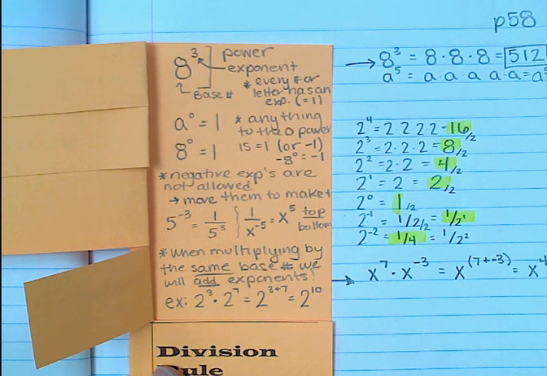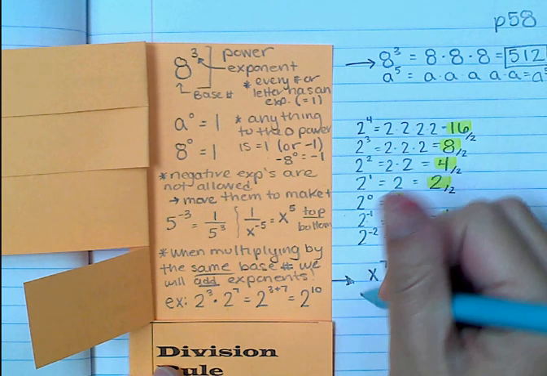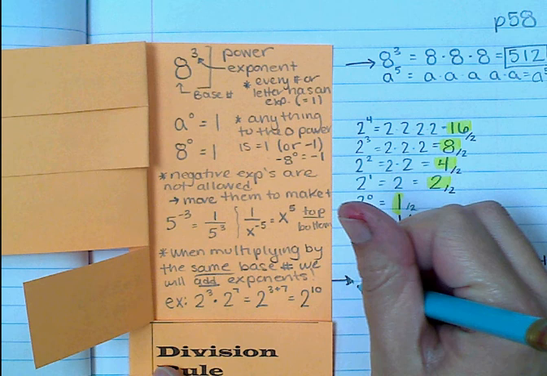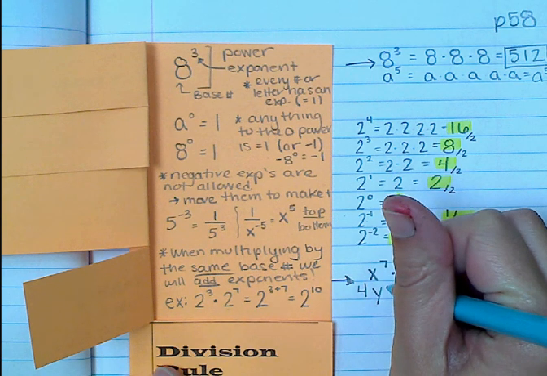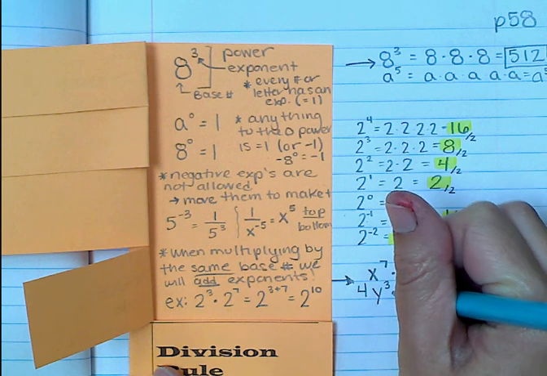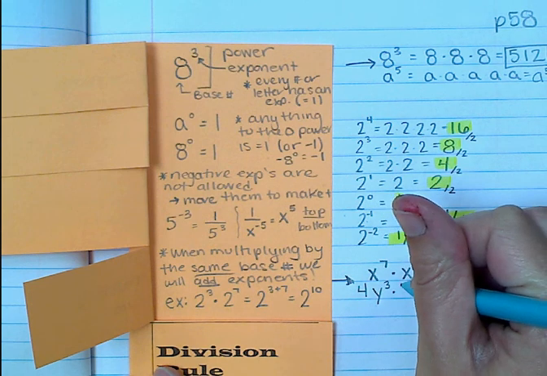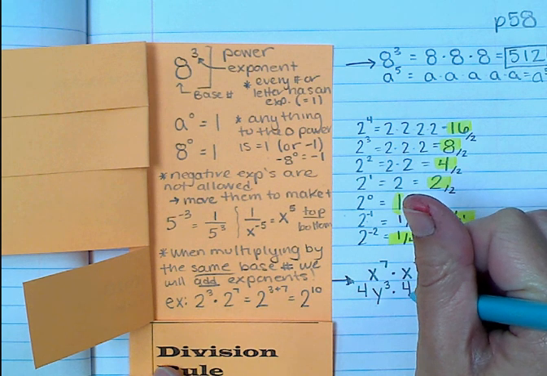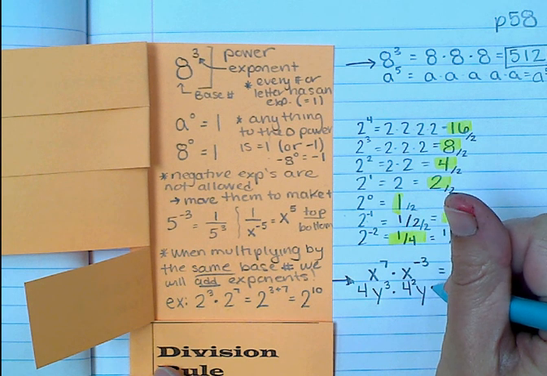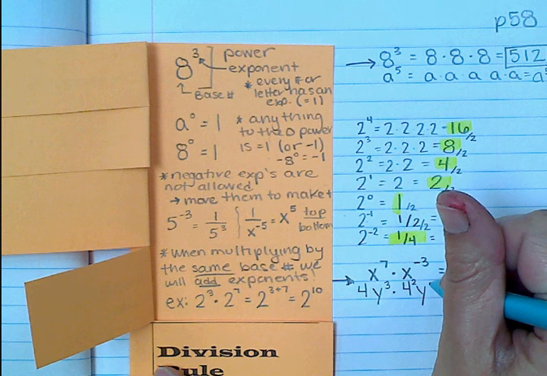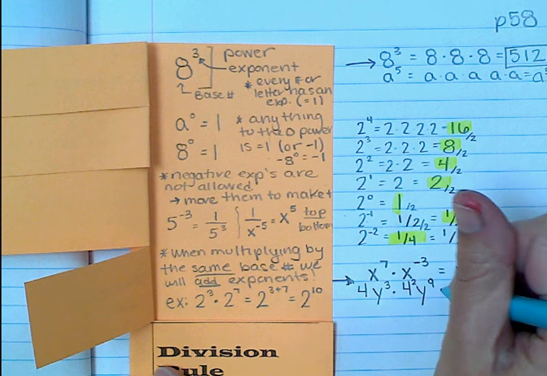Now maybe it gets a little bit trickier when we add in different numbers. Like if I have something like 4y to the 3rd times 4 squared, y to the 9th, like that.